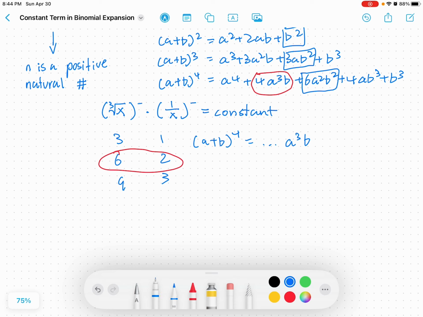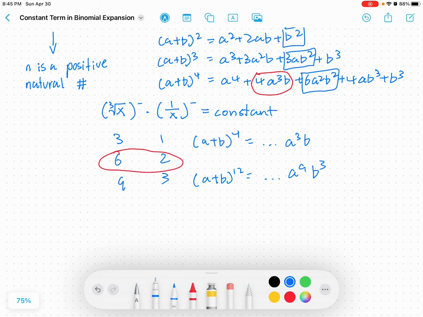And then for 9 and 3, it will be (a plus b) to the power of 12. It will be something like a to the 9 b cubed. For (a plus b) to the power 4, you can get that 4a cubed b is obviously the second term. And for (a plus b) to the power 12, a to the power 9 times b cubed will be the fourth term. Because the first one will be a to the 12 b to the 1.